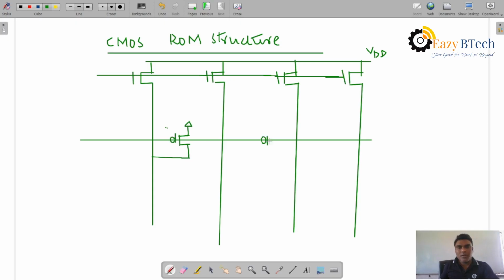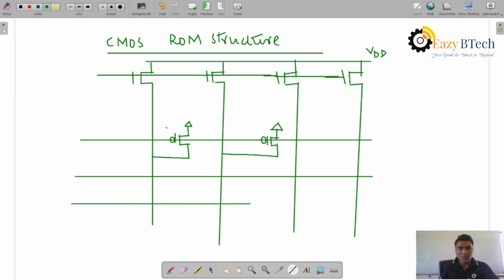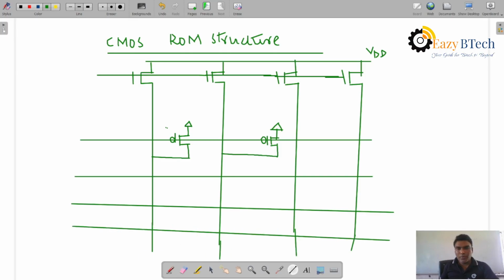This is a PMOS transistor. So word line 1, word line 2, word line 3 and word line 4.